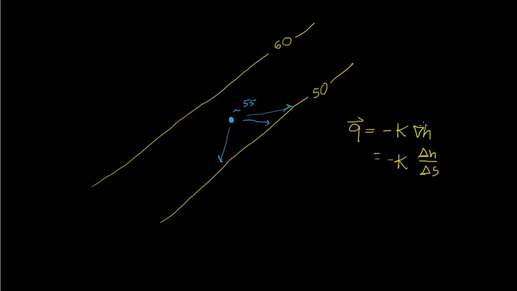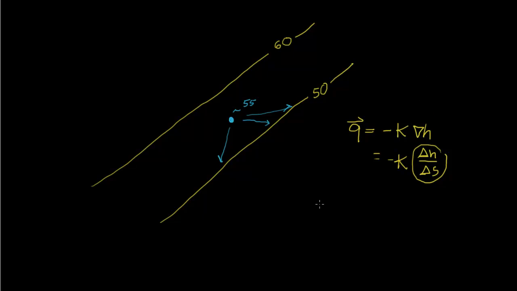Actually, I'm going to back up a second here. The gradient is defined as the slope, change in head divided by change in distance. That gives us the maximum change, the most rapid change in head in a given direction.